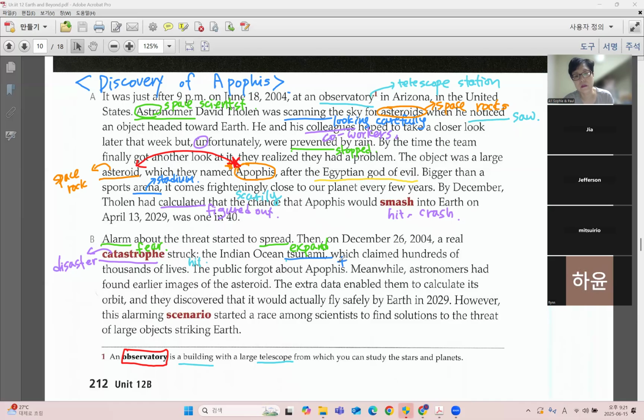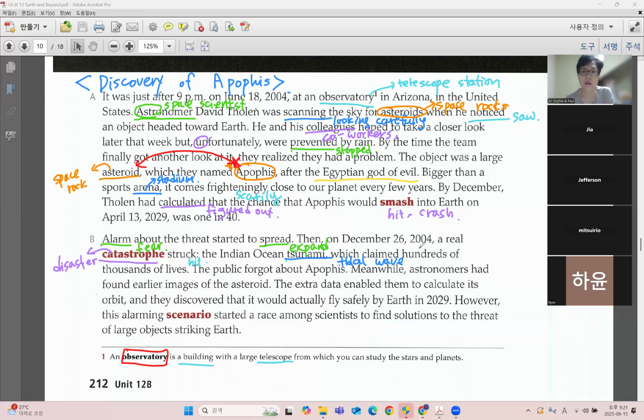Tidal waves. Huge ones. You know that we have a tsunami when there is a volcano eruption under the ocean, and the power moves and makes big waves. Big waves sweep the towns and things away.